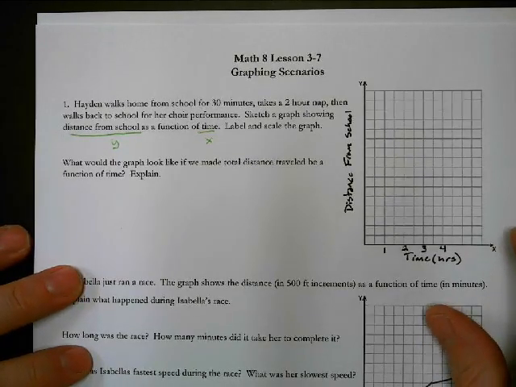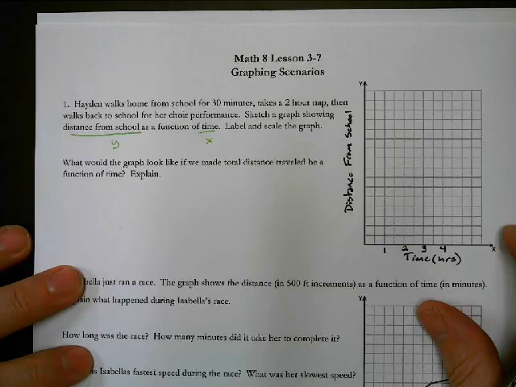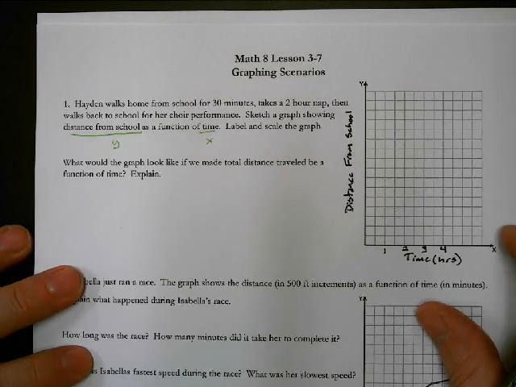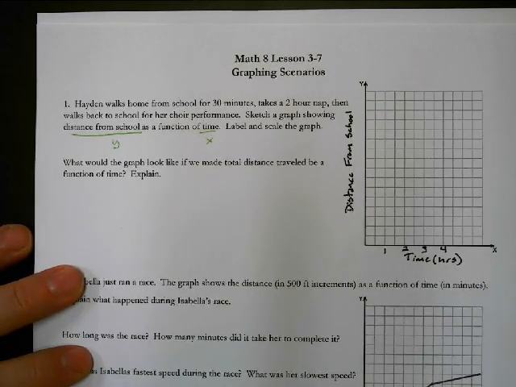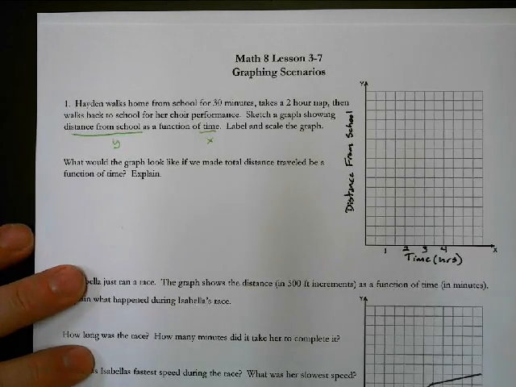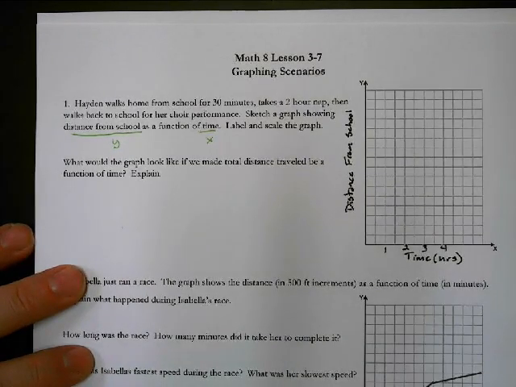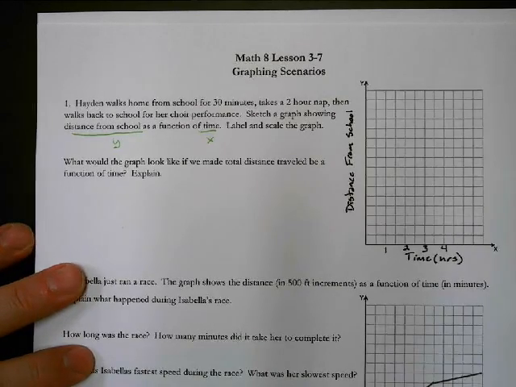So we're going to have to make some assumptions. Like if you're walking 30 minutes, how far are you going to walk in 30 minutes? Would you walk like a mile? Maybe a mile and a half in 30 minutes? Does that sound good? Sure, why not? She can go a mile and a half, 3 miles an hour is pretty good walking. Yeah, okay. I think I figured it out.